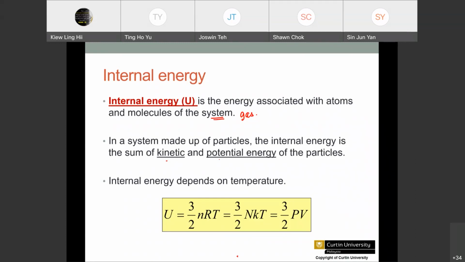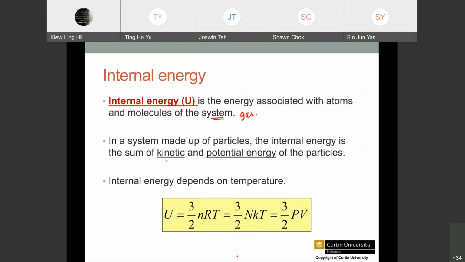For our ideal gas, we said there are no forces between the gas particles, but they move freely with different directions and different speeds. When we sum up all these together, this is what we call internal energy.